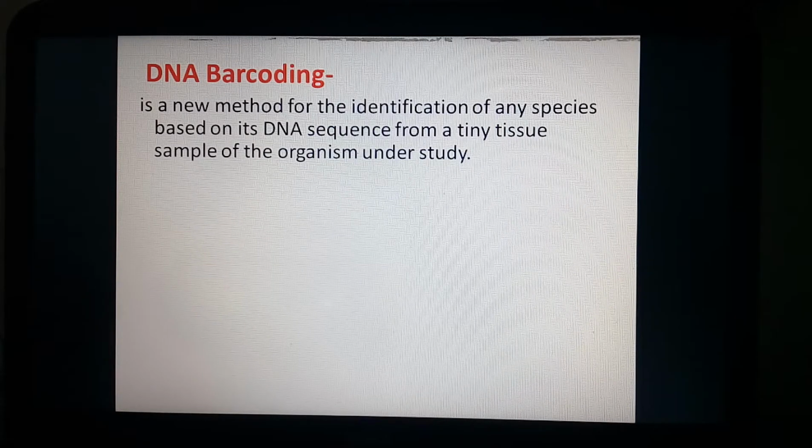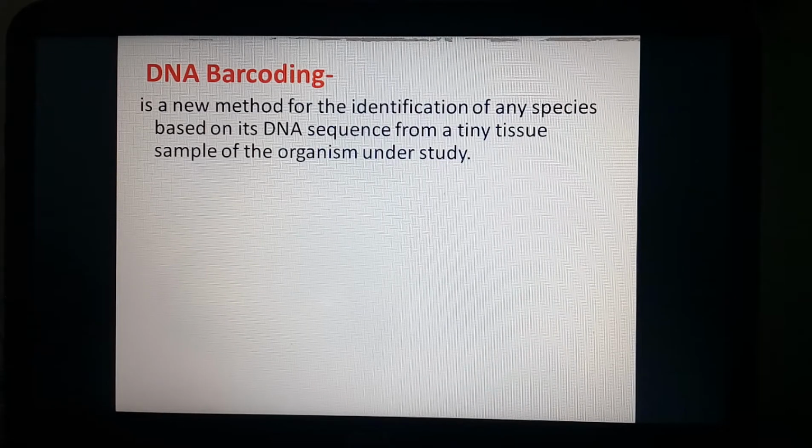This DNA is collected from any cell or any tissue of the organism which is taken for the study. It is somewhat similar to DNA fingerprinting, which you may have heard about, and which is nowadays used for identification of a person on a molecular basis.